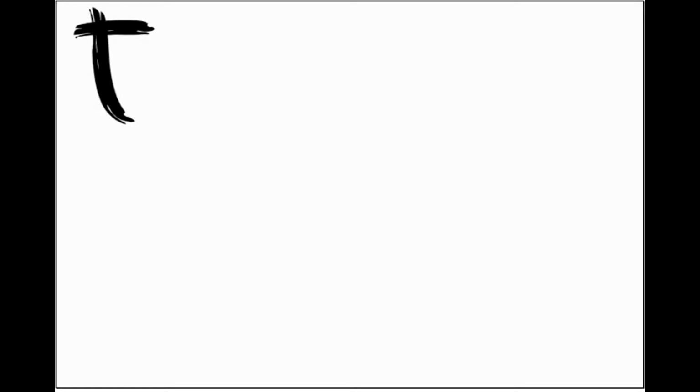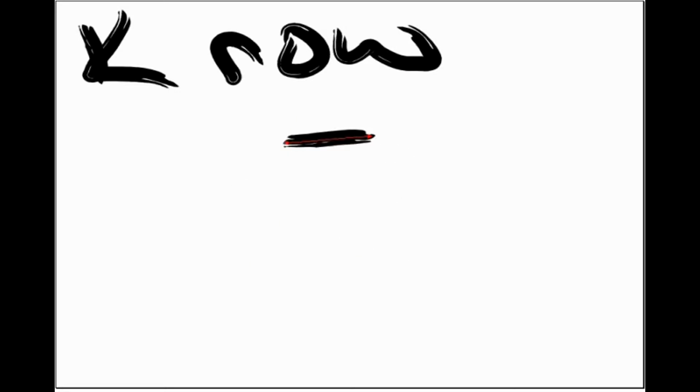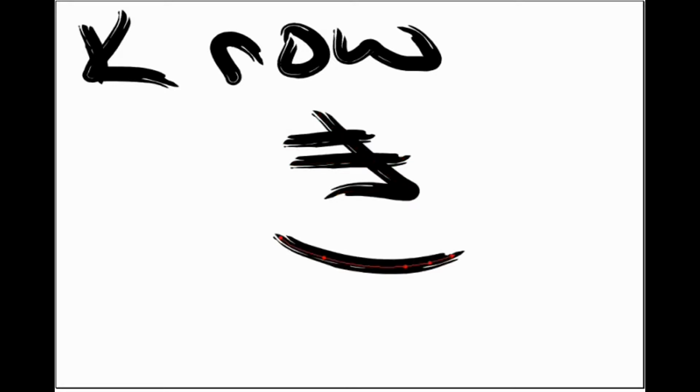And now we're going on to the next row, which is the K row. Here's Ka. Remember, you want to do it in this order, which is Ki.